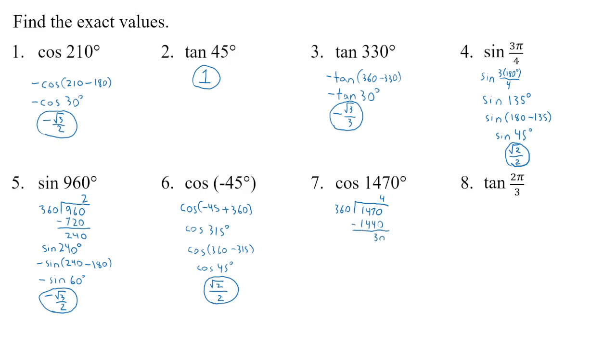And the remainder is going to be 30. So we're looking for cosine of 30 degrees, which is the square root of 3 over 2.